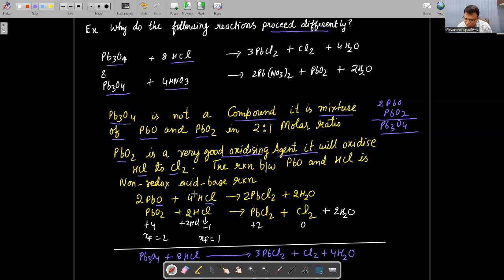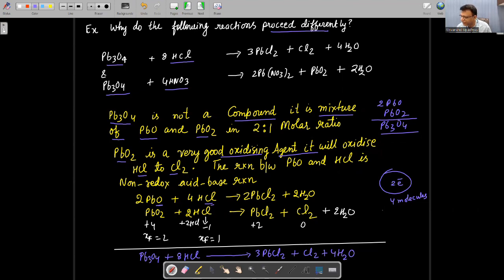There is a fixed question, though this question will not come in JEE Mains, but coaching people will ask: what is the equivalent weight of HCl? When we are discussing this HCl, there are 4 molecules of HCl. When we are balancing this reaction, how many electrons are participating? 2 electrons are participating for 4 molecules.